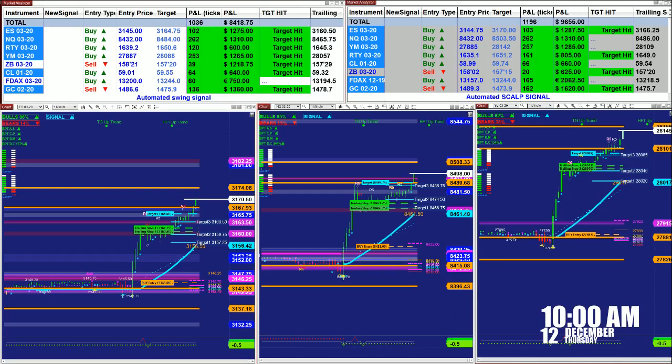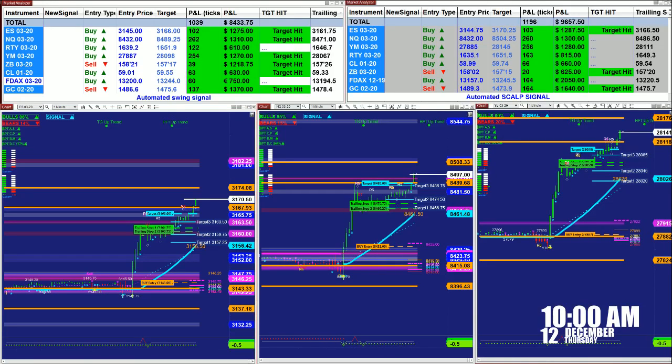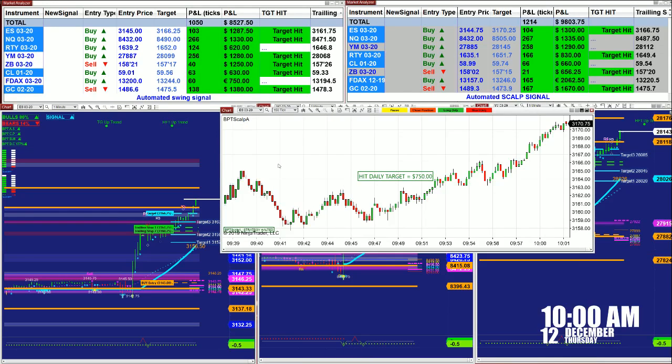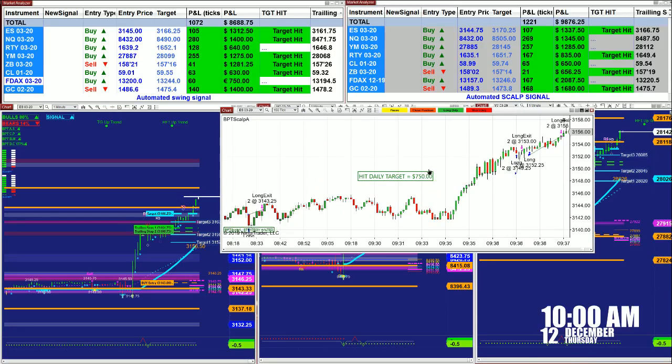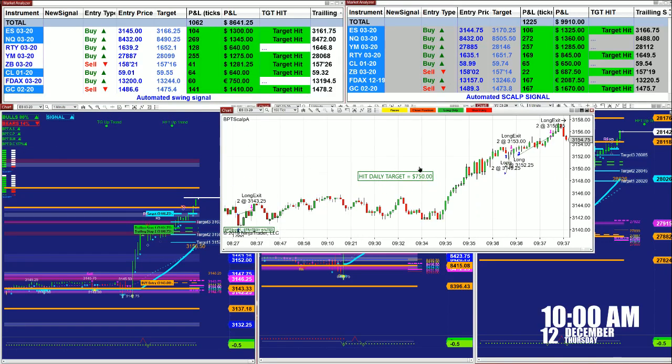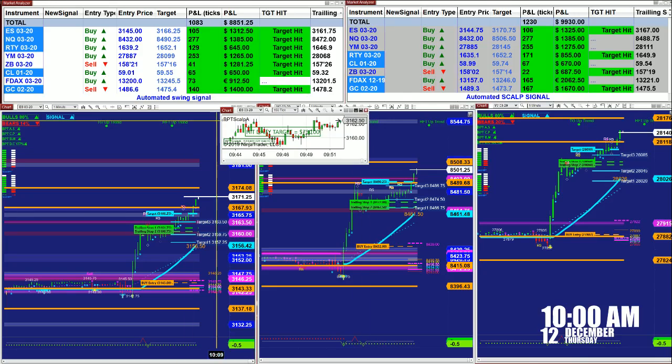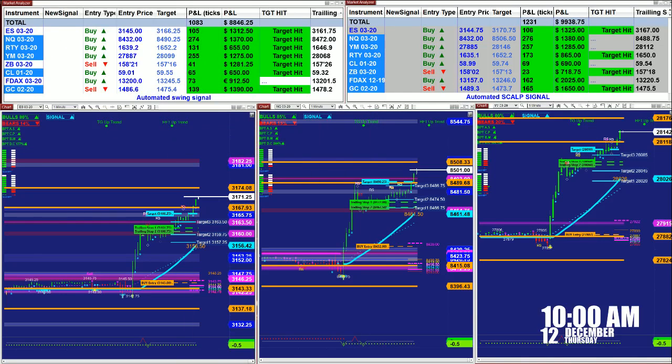If we take another instrument as an example, the A scalper already hit the daily target a long time ago. Actually, it took 3 trades, and it was done after 3 day trades, and then it was 750 target hit.